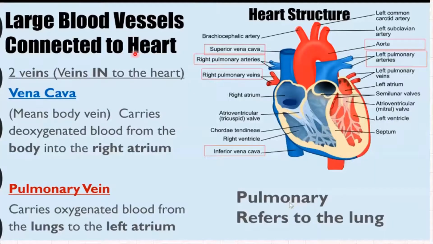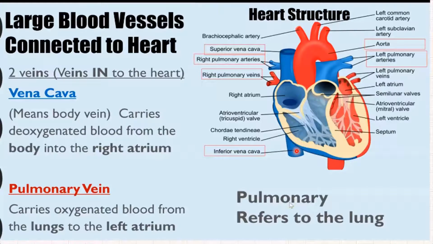Then coming towards the blood vessels, the large blood vessels which are connected to the heart. We have 2 veins, known as the Vena Cava. You can see the superior Vena Cava and then the inferior Vena Cava. They are bringing deoxygenated blood from the upper part of the body and the lower part of the body respectively.